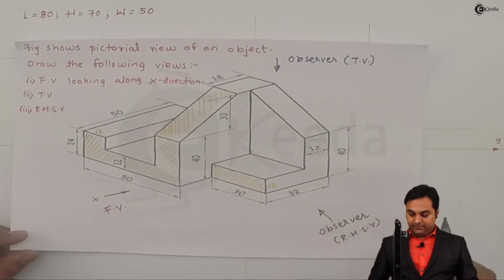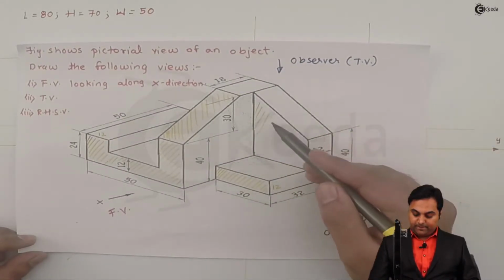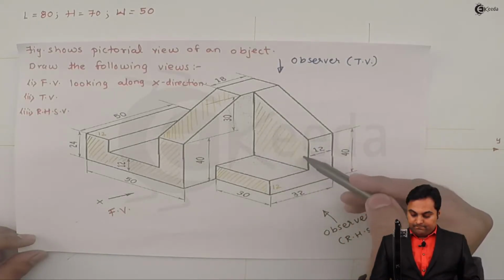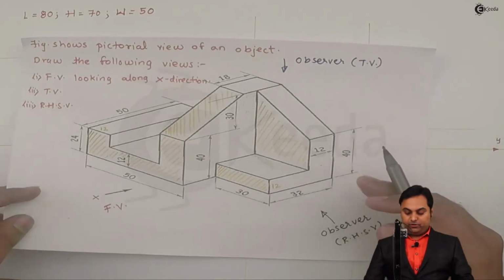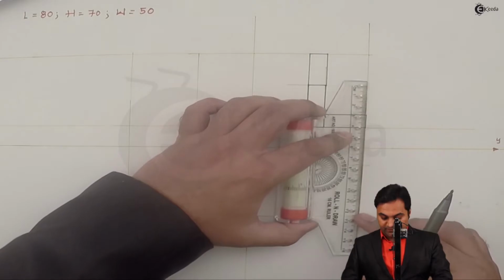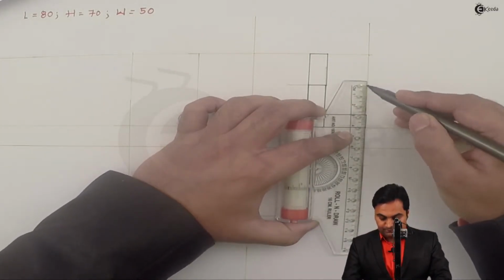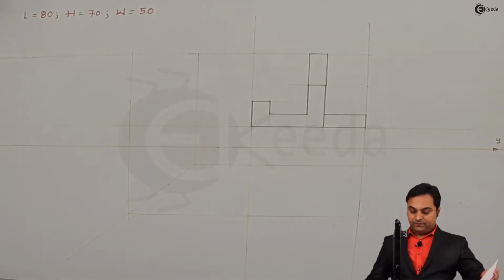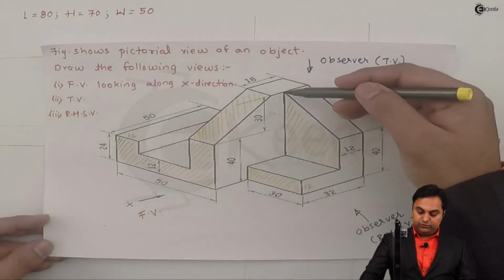Next, after completing up till here, this surface is also visible from the front. Now it is starting from 40 mm from bottom onto the right hand side. So I'm measuring 40 mm from bottom. And then it is connected 40 mm from bottom to the top.